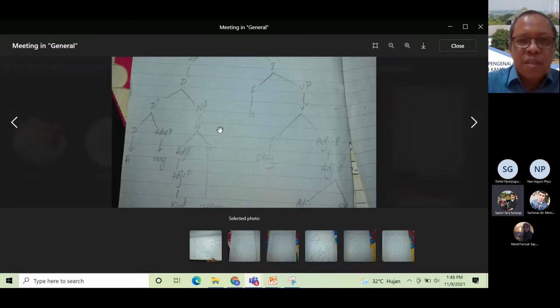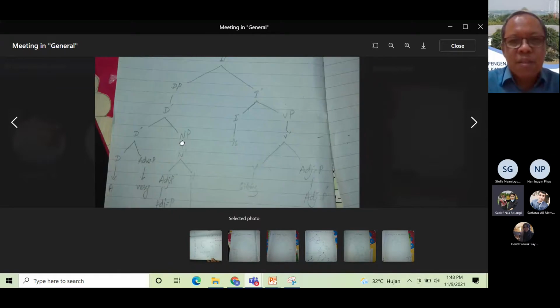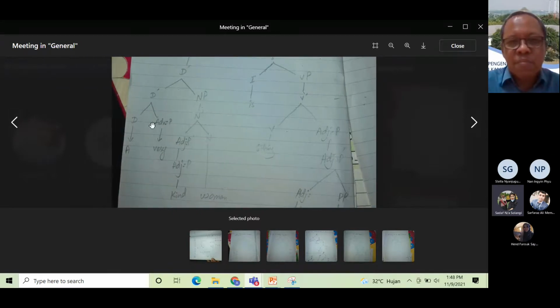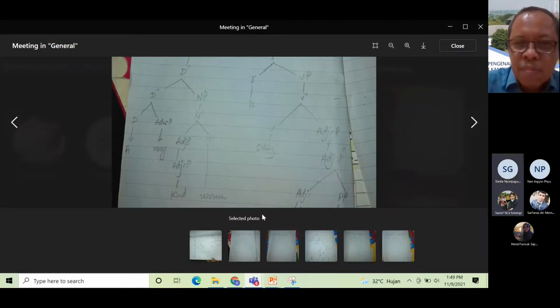I have a question. In X bar theory, in branch structure, how do we represent the adjunct? Do we have to write AD, or just D bar? The adjunct of what? In the sentence, "kind woman," the D bar is divided into D and the adverbial phrase.